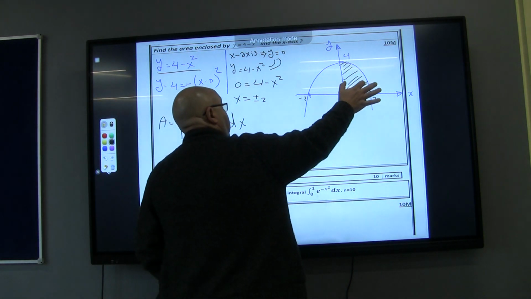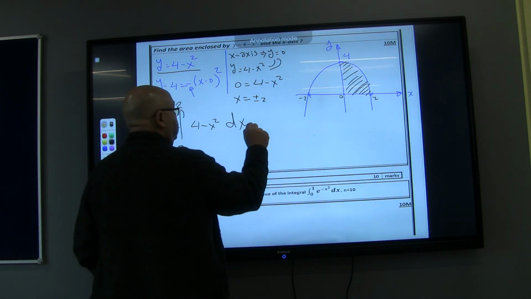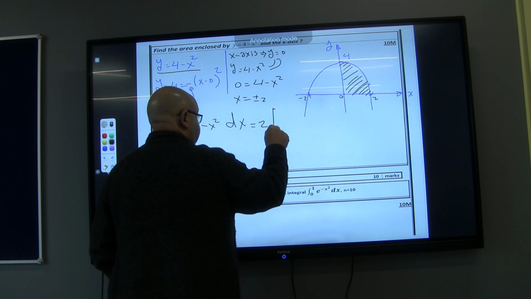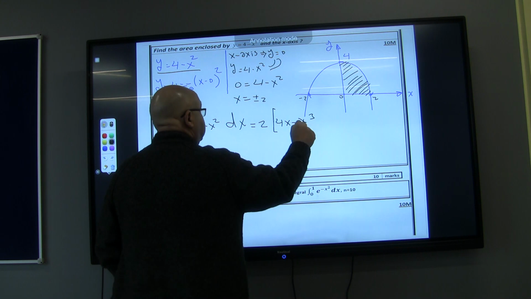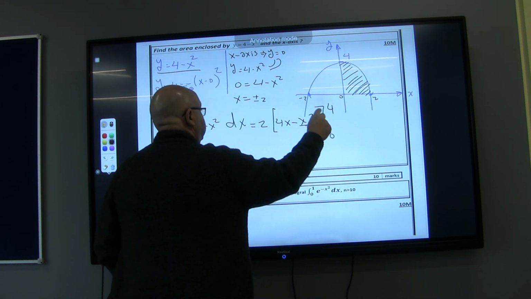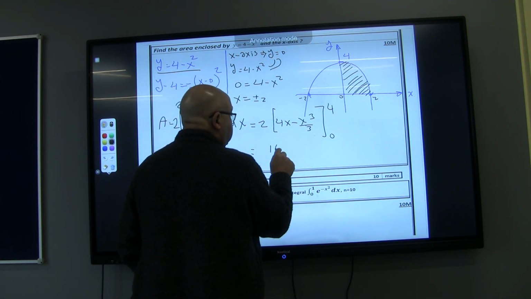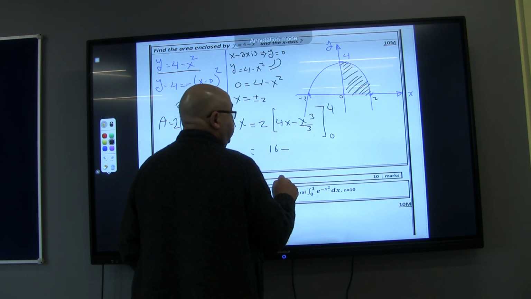I've taken just half of the area of integration and I will multiply by 2. So simply it's going to lead to 2 times 4x minus x cubed divided by 3. Then I will make the substitution from 0 to 2. You will have 16 minus 4 to the power of 3. I'm sorry, 2.